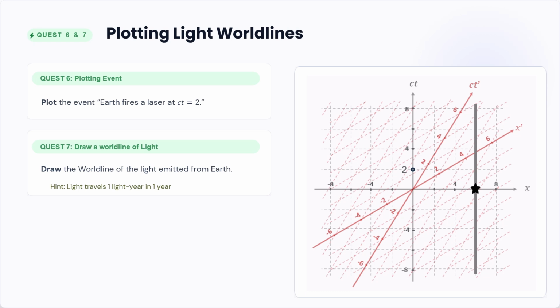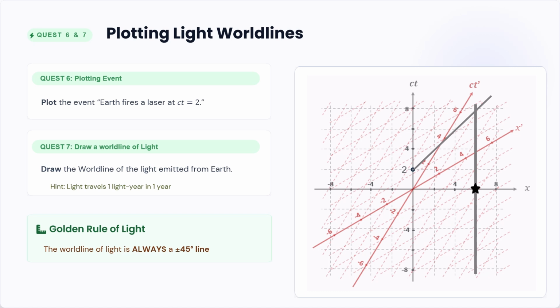3, 2, 1. So draw a straight line at a 45-degree angle starting from (0, 2) we just plotted. Did you get it? Yes! Fantastic! By multiplying time by the speed of light, c, we put time and space on equal footing. Thanks to this, in the physics engine of a space-time diagram, an absolute rule is forged.